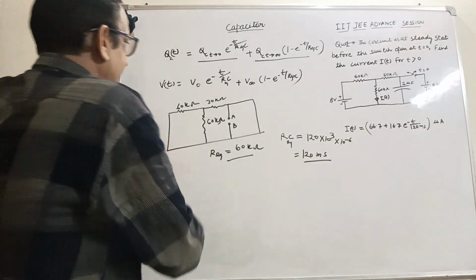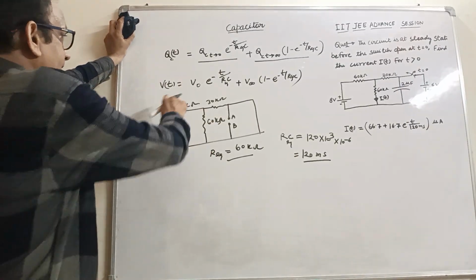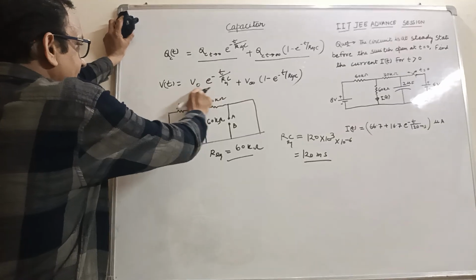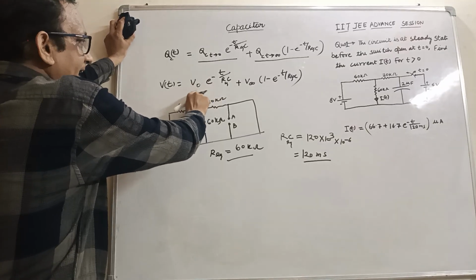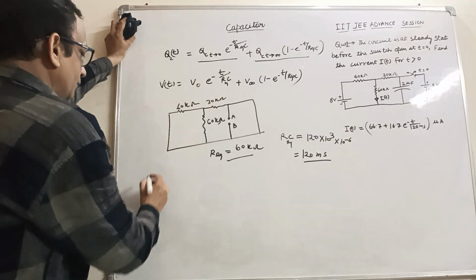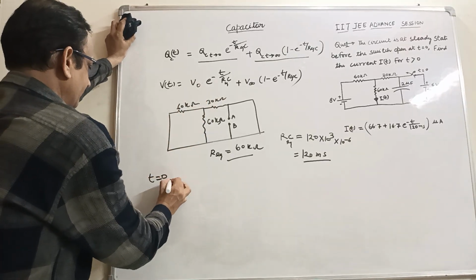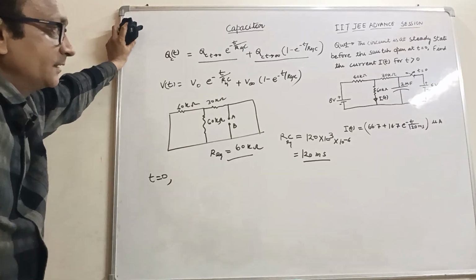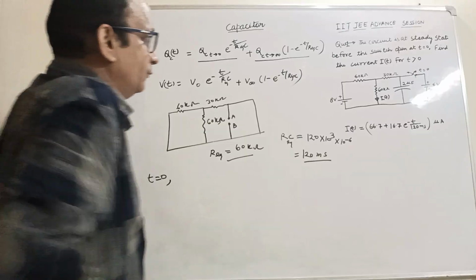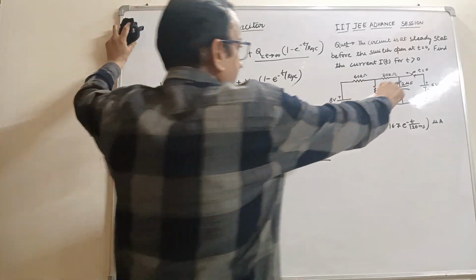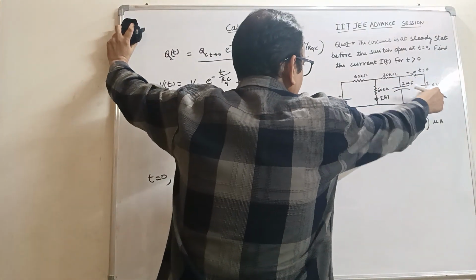So we have it, and we have to write the potential at time t equal to 0. Starting at t equal to 0, the potential across the capacitor is 6 volt.